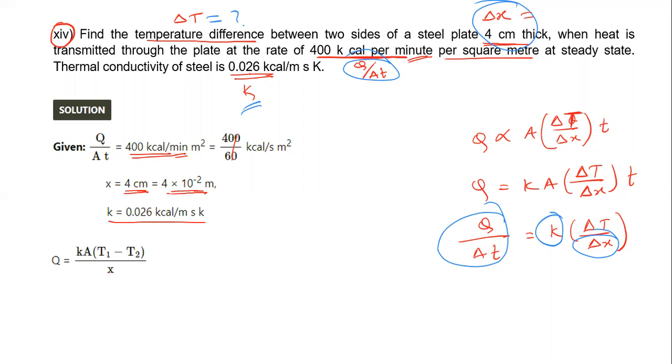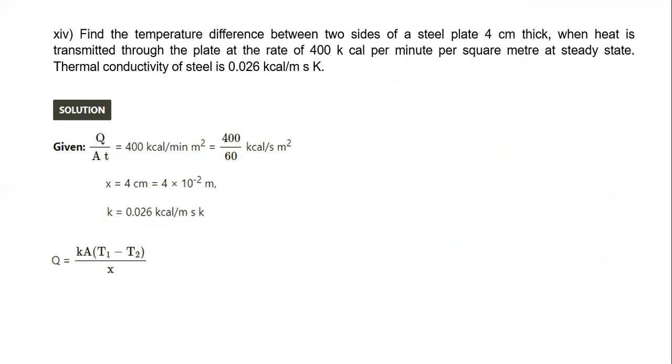Now we know the formula: Q is equal to K A, instead of T1 minus T2, we can use delta T also, into delta X, or we can use X also. It's okay. Then we have to find out the temperature difference.